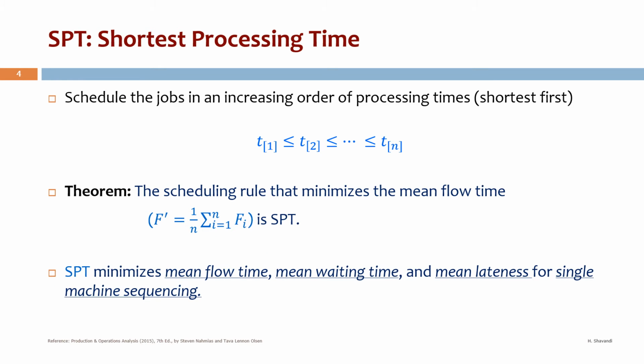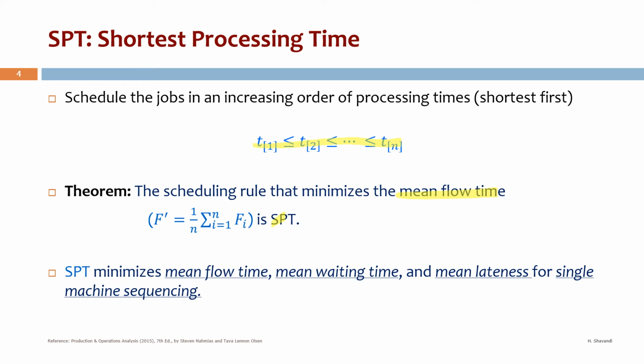Now let's look at the details of the sequencing rules. SPT, shortest processing time. Here we schedule the jobs in ascending order of their processing time, shortest first. We have a theorem that SPT will minimize the mean flow time.